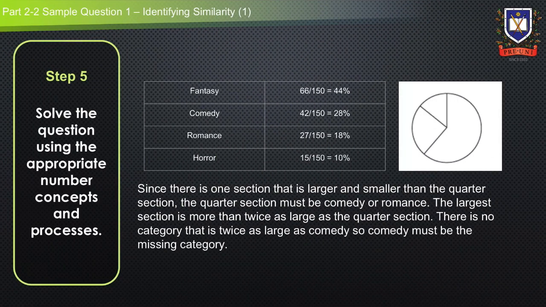And finally, step 5 is where we can solve the question using the appropriate number concepts and processes. Since there is one section that is larger, and a section smaller than the larger one but bigger than the quarter section, the quarter section must be comedy or romance.